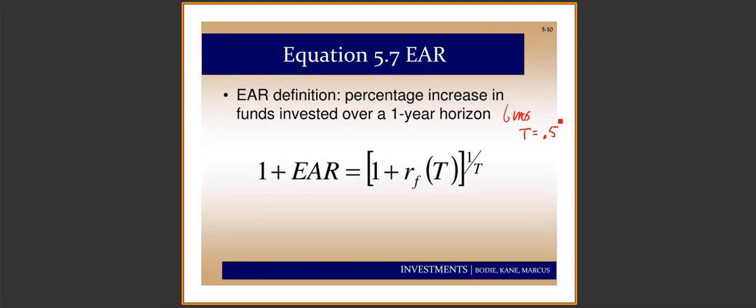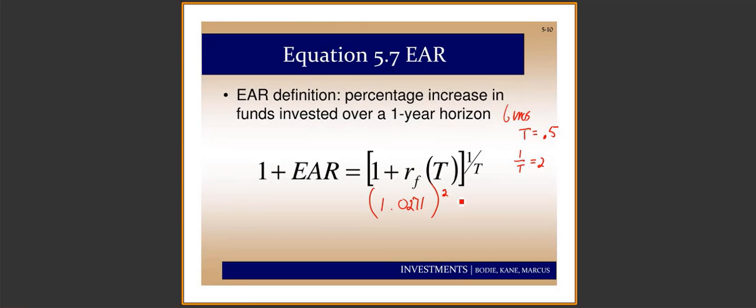And so we take 1 plus the rate that we had calculated, 1.0271, and we're going to raise that to the 1 over T power. Well, since T is equal to 0.5, 1 over T is equal to 2.